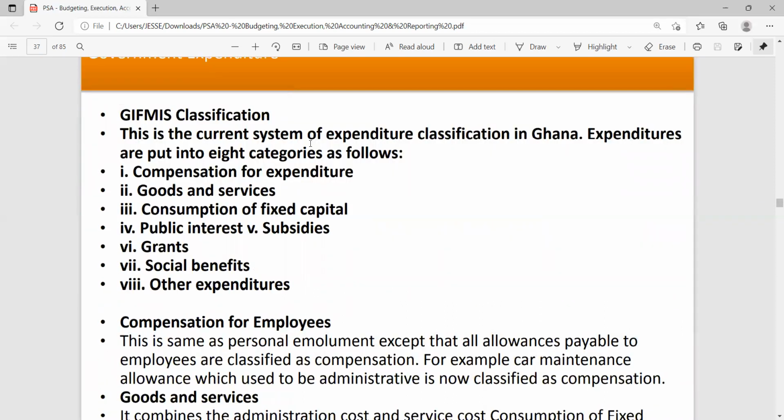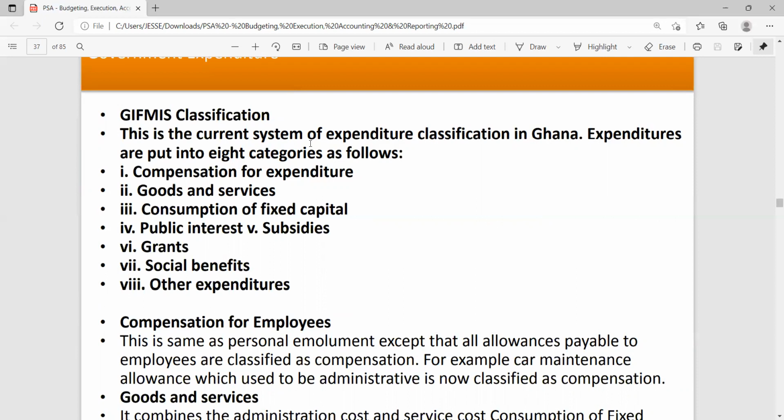Now let's move on to the GIFMIS classification, which we refer to as the Ghana Integrated Financial Management Information System classification. This is the current system of expenditure classification in Ghana. Remember, we talked about it. So this is what is happening now. Expenditures are put into 8 categories as follows. Number 1, compensation for employees. Number 2, goods and services.